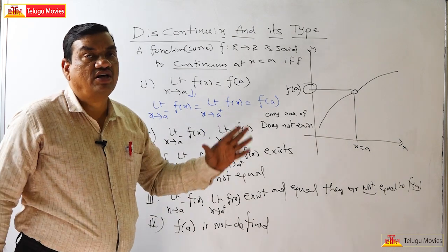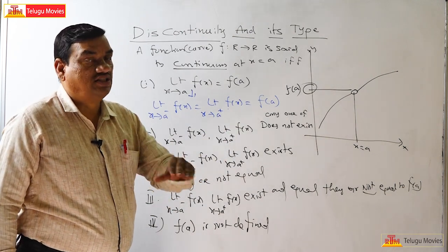If all these three values are equal, then we declare that the function is continuous at x is equal to a.